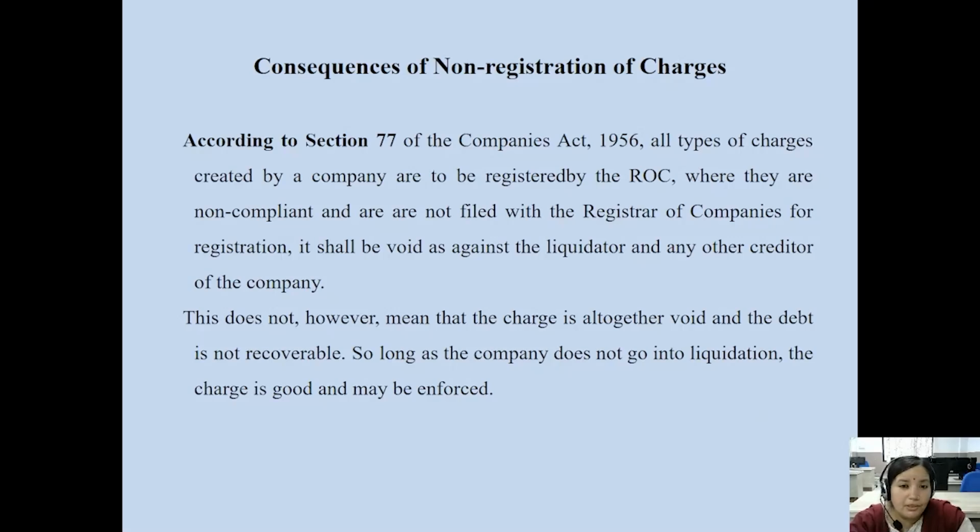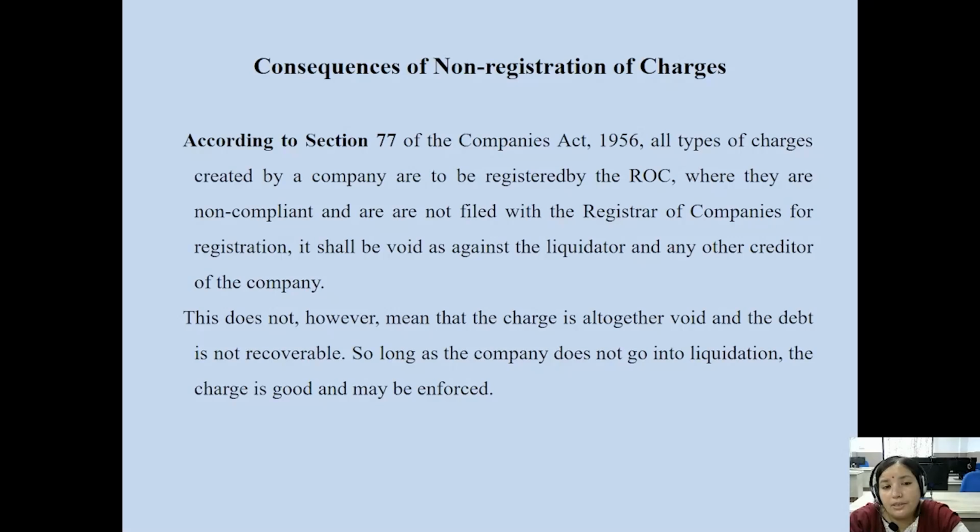There are certain consequences which you have to bear due to non-registration of charges, if you are not able to keep the register of charges with the company. In that case, you have to bear the consequences of non-registration of charges according to section 77 of the Companies Act 1956.